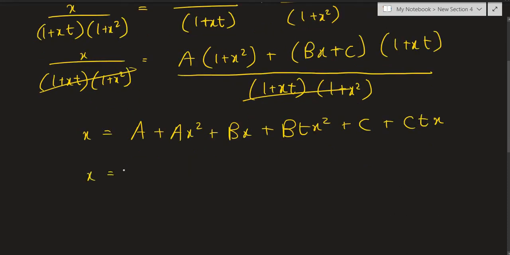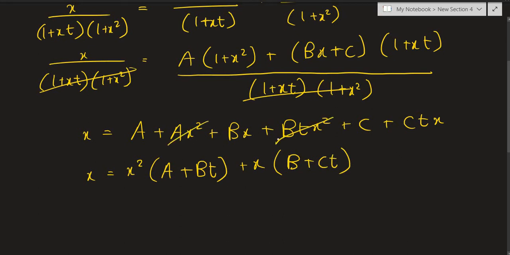So let's group all the x squared terms, all the x terms, and all the constant terms. So we have x squared as common times (a plus bt), plus x times (b plus ct). So we got rid of these terms, and only the constants a plus c are left, so plus (a plus c).